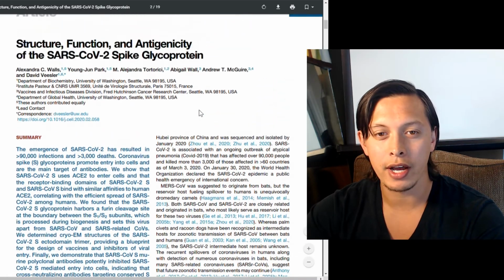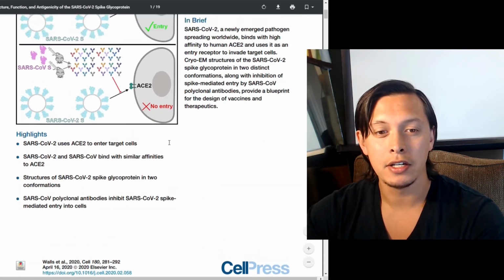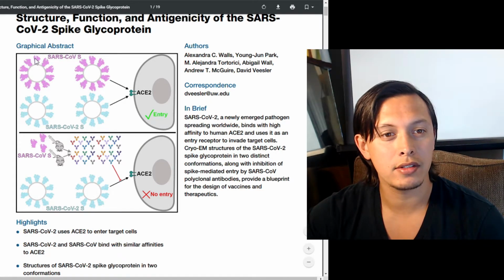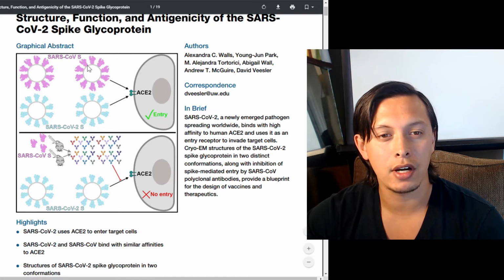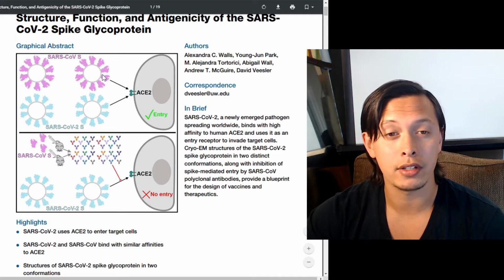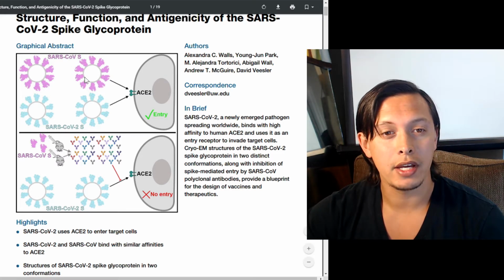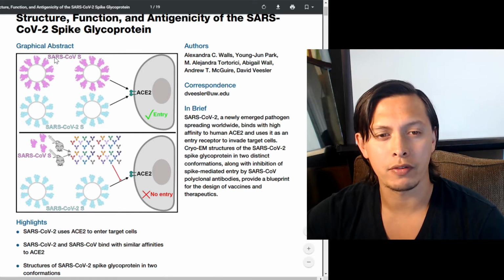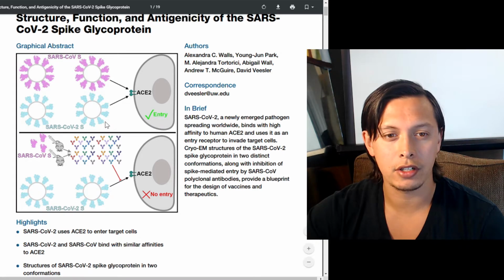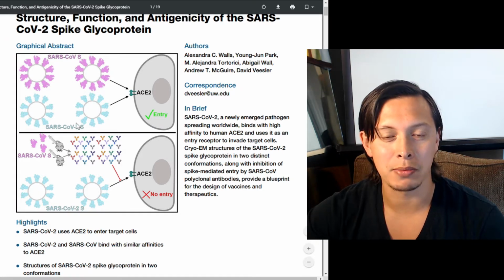As a quick reminder, the spikes of the coronaviruses are these things right here. They make the corona, or the crown, of the viruses. Here we have the original SARS coronavirus that caused an epidemic quite a few years ago. And here we have SARS coronavirus 2, the virus responsible for the current pandemic.